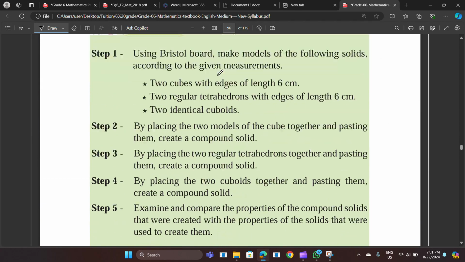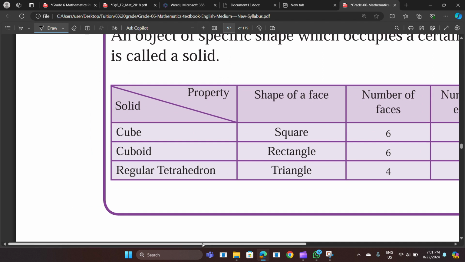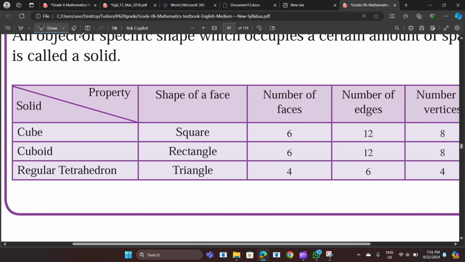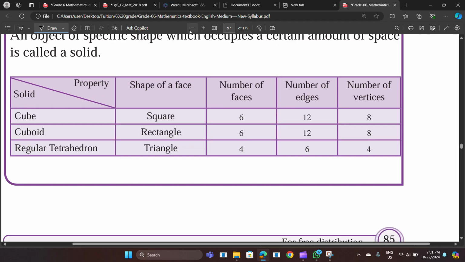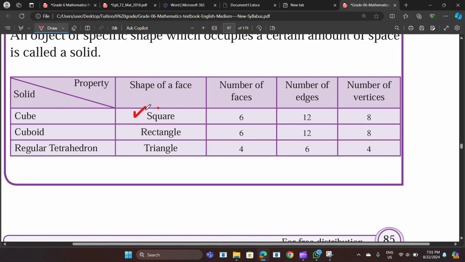There is a nice table at the end of your chapter. Look, it gives all the information in the chapter as a summary. Shape of face: cube, square, sorry, it is square. Cuboid, it is rectangle. Regular tetrahedron, it is triangles. It uses 4 triangles.